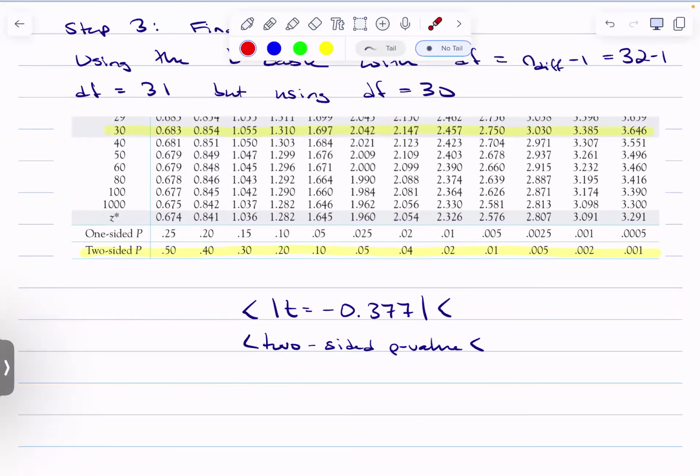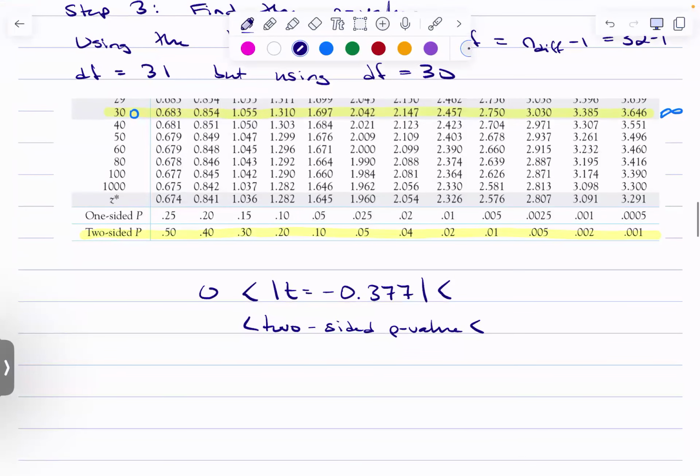But remember, we do always have 0 on the inside here. T is still centered at 0. And just to point it out, at the opposite end, you have infinity. So at 0, here we find that our 0.377 would be between 0 and 0.683.